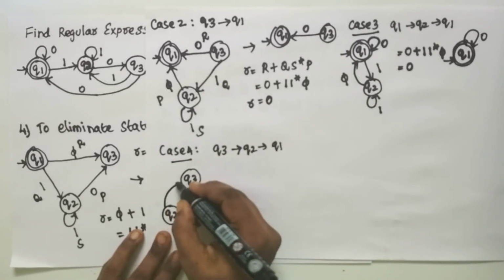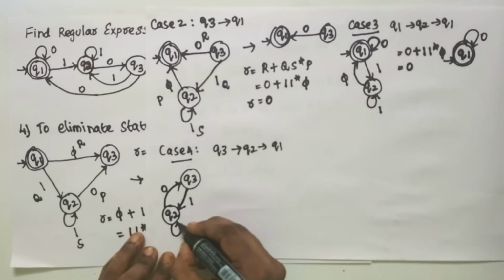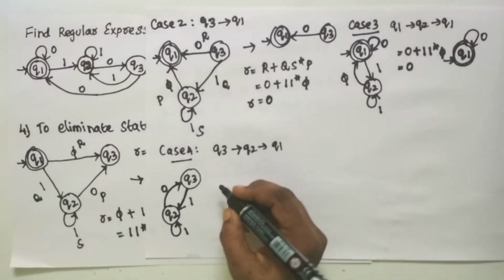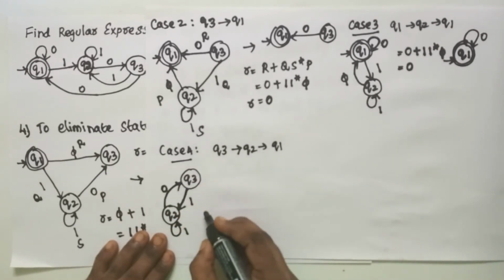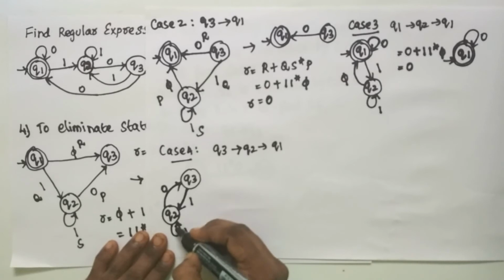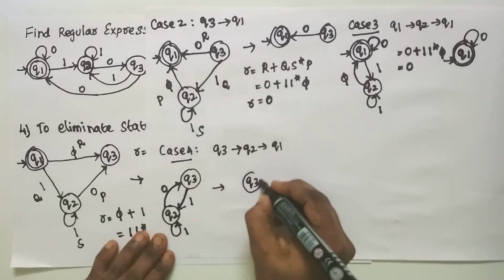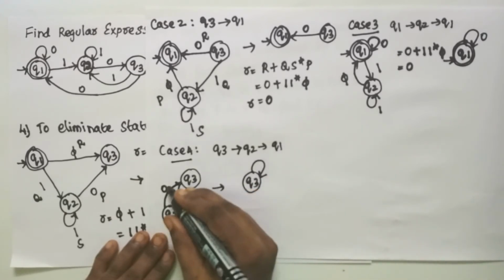From Q2 to Q3 you have 0. Q2 contains a self loop 1. So now what your value will be? Here you have a cyclic path. So the regular expression R will be 1, 1 star, 0. So here Q3 will have the self loop as 1 into 1 star into 0.